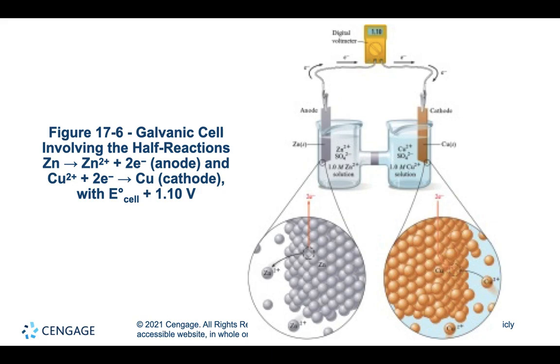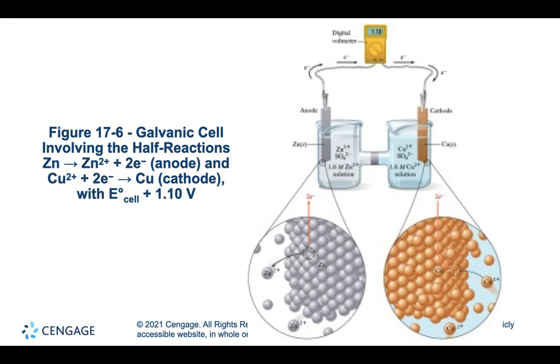So the cathode would actually be slowly gaining mass as copper plus 2 ions turn into copper metal and become attached on the copper electrode. On the left electrode, the zinc atoms would be turning into ions and dissolving into the water. On the right side, the copper ions would be turning into copper atoms and depositing on the cathode. The anode would be slowly losing mass while the cathode is slowly gaining mass.